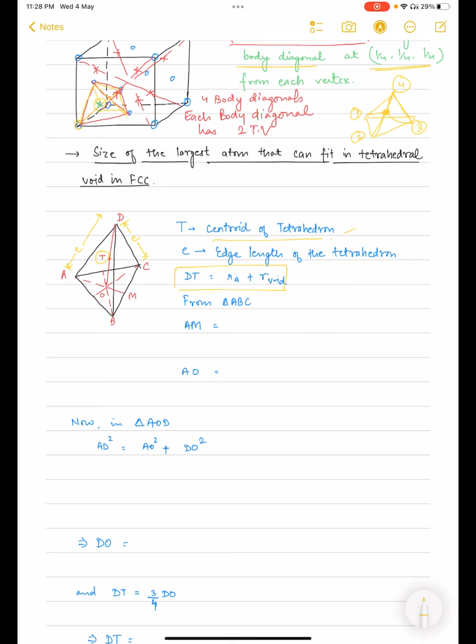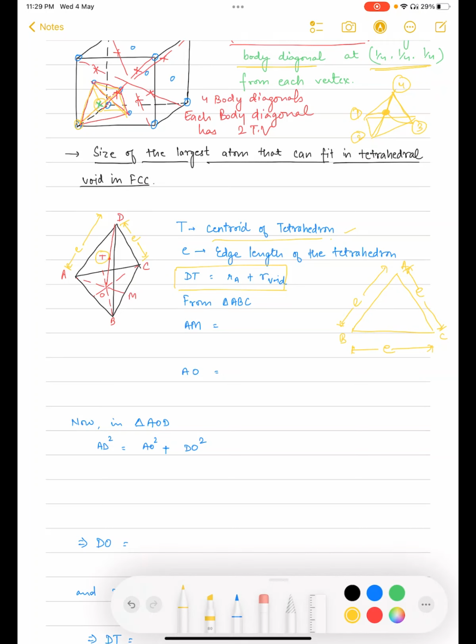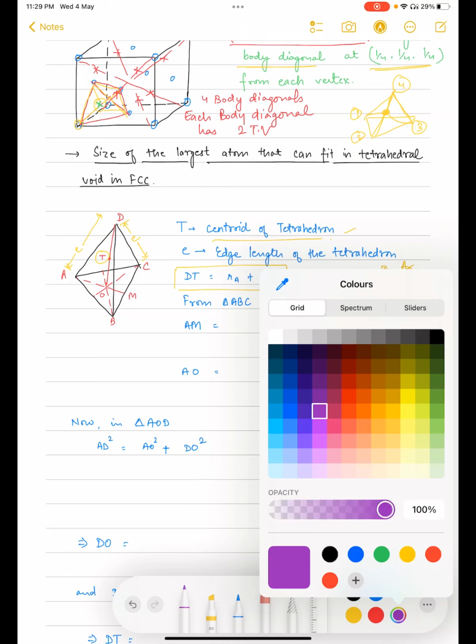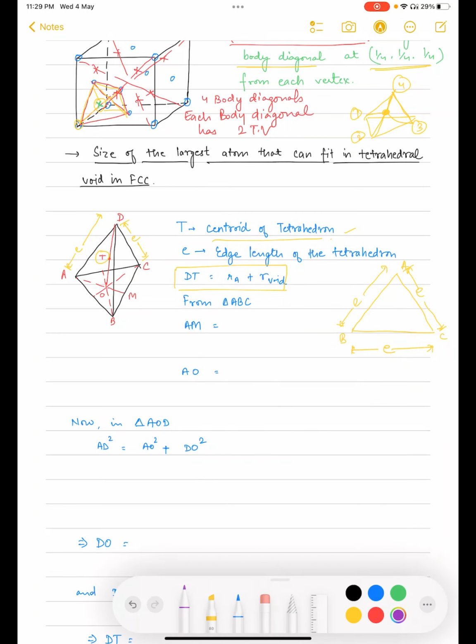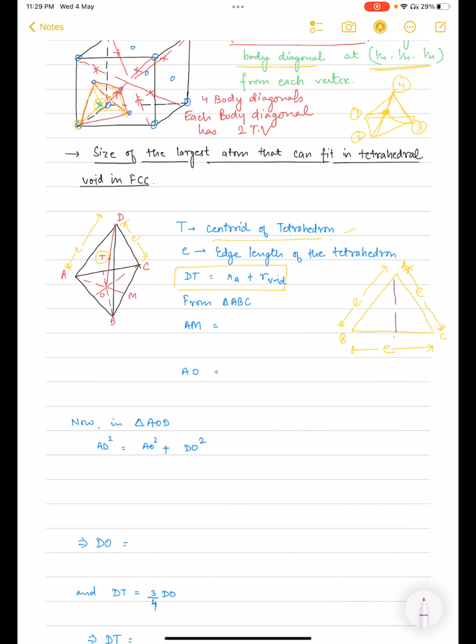So from the triangle ABC, with each length as E, this is AM.